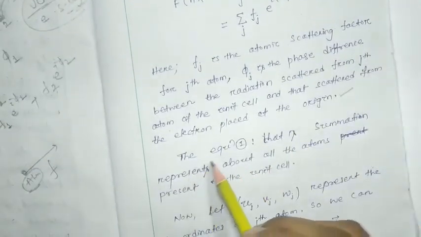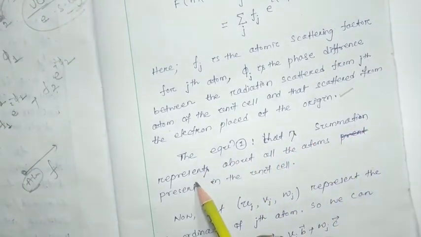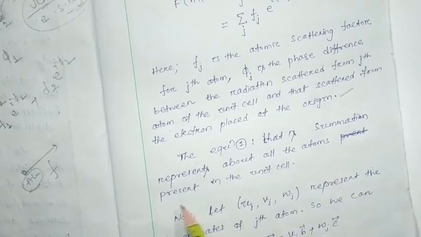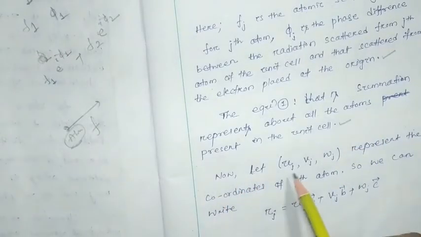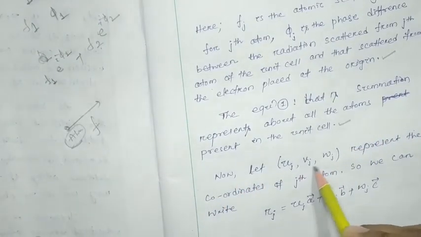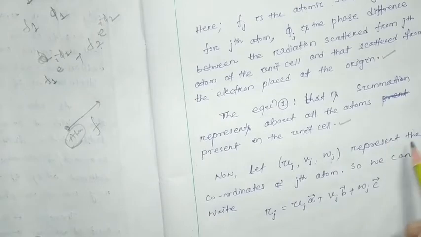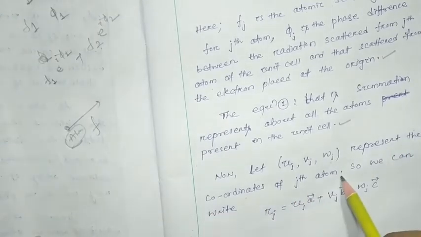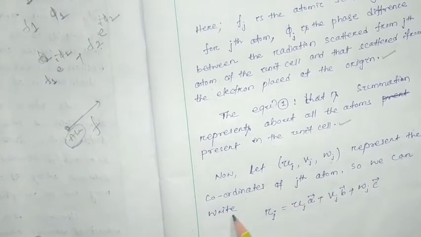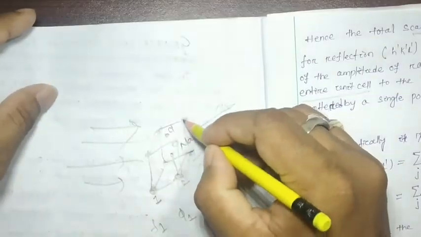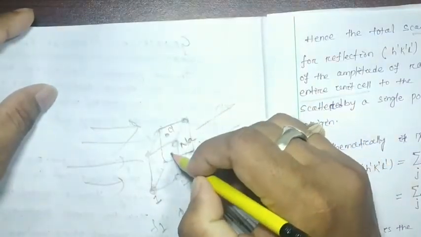The summation in equation 1 is over all the atoms present in the unit cell. Now let uj, vj, wj represent the coordinates of the jth atom, so we can write rj. Suppose this is one atom, and this is the electron at the center.